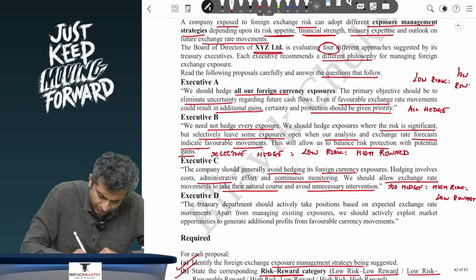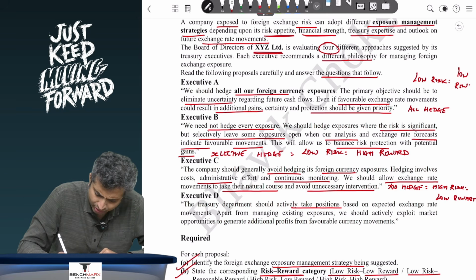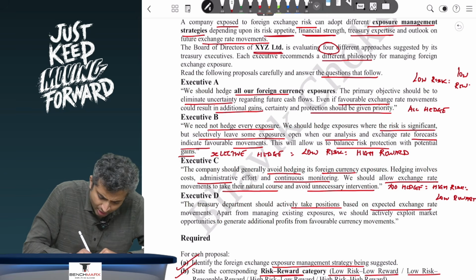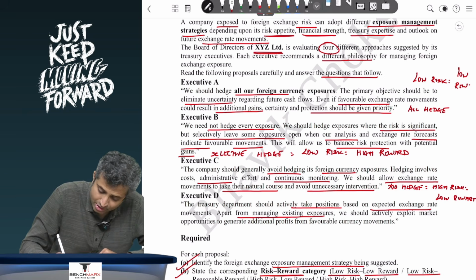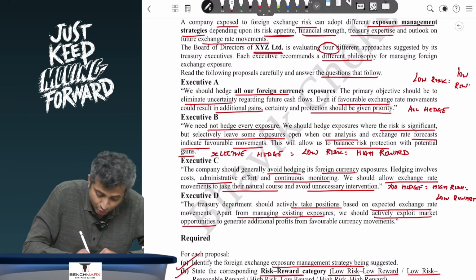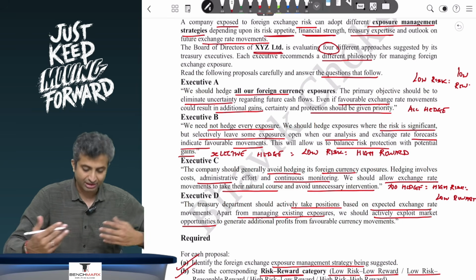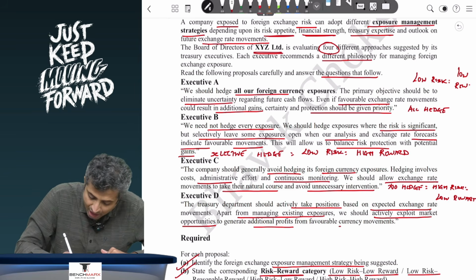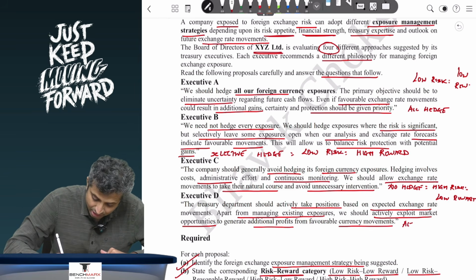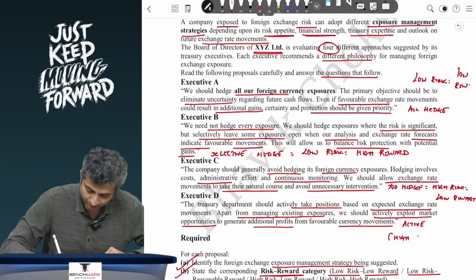And the last executive: the Treasury Department should actively take positions based on expected exchange rates. Apart from managing existing exposures, we should even actively exploit market opportunities like arbitrage, for example cancellation, etc., and generate additional profits from favorable movements. So this is active management, and this is maybe high risk because there will be speculative positions that you might take.